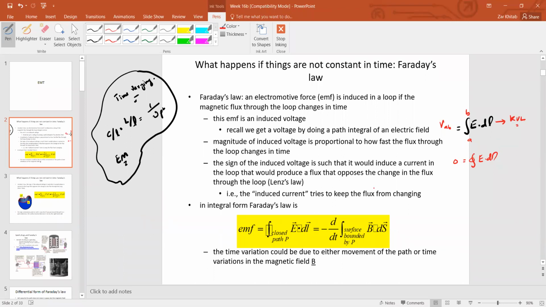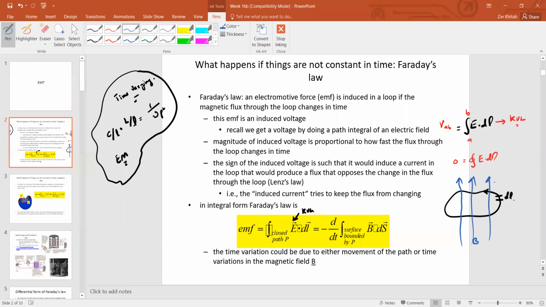Now again we have the same law in the time varying fields, but this time E dot dl, which was the KVL equation, can be produced differently. For example, say this is some kind of wire, and we take some differential length of the wire, and there's a magnetic field B passing through it.